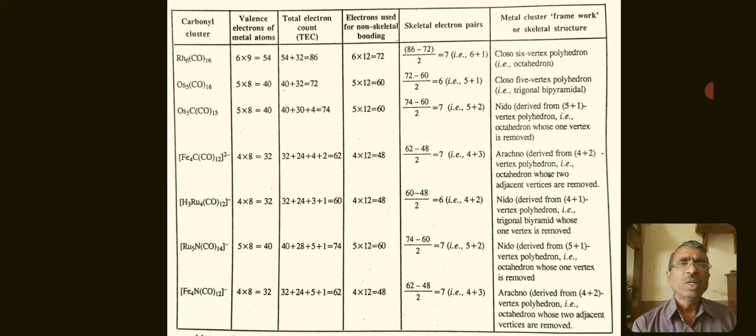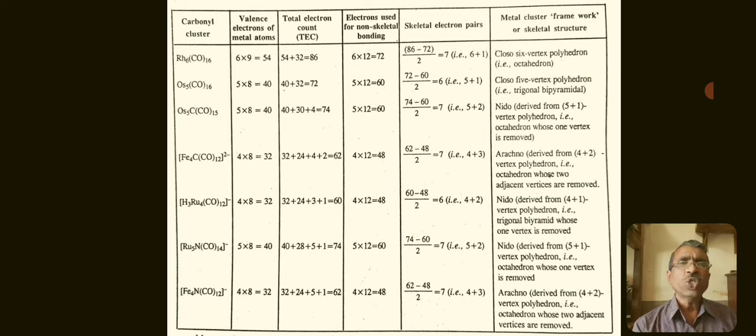Now, as I have said, each rhodium gives 12 electrons and 6 rhodium atoms are there. 12 into 6 becomes 72 electrons. These are used for non-skeletal bonding. Therefore, the total electrons remaining are 86 minus 72, divided by 2, which becomes 7.